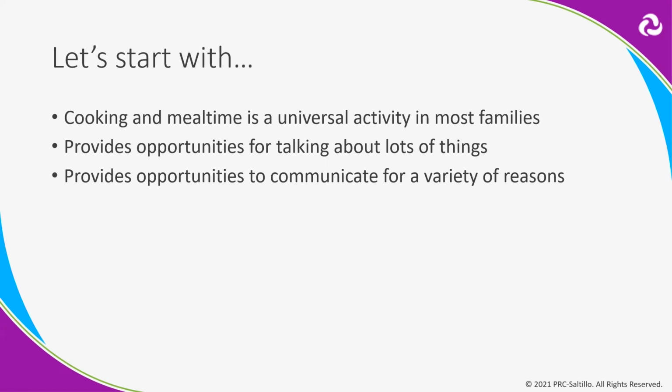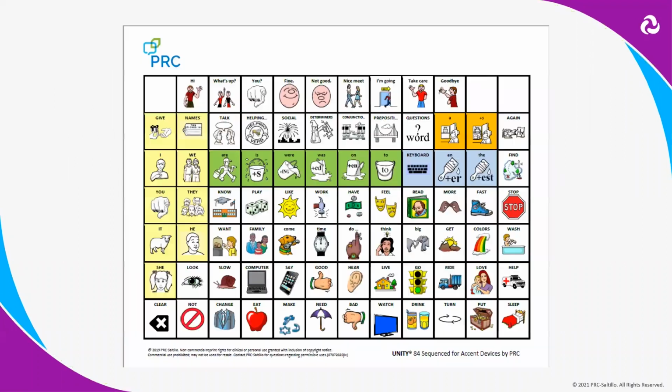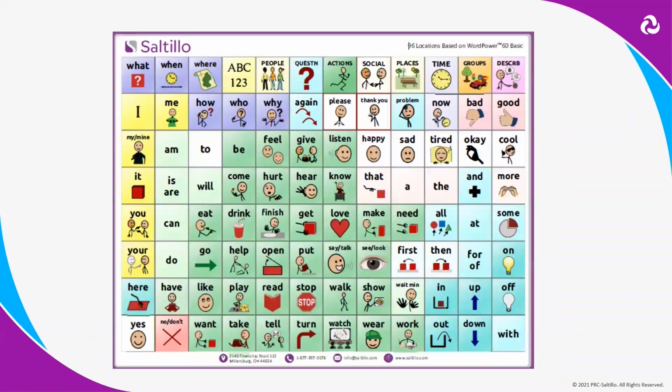And now we also used our core boards, those laminated paper boards for this, because we knew that kids are going to be messy, they're going to get dirty, and it's a time that we often aren't going to have our devices out.